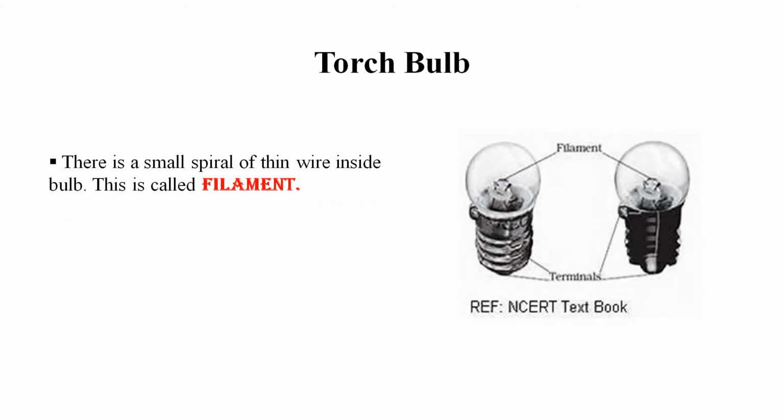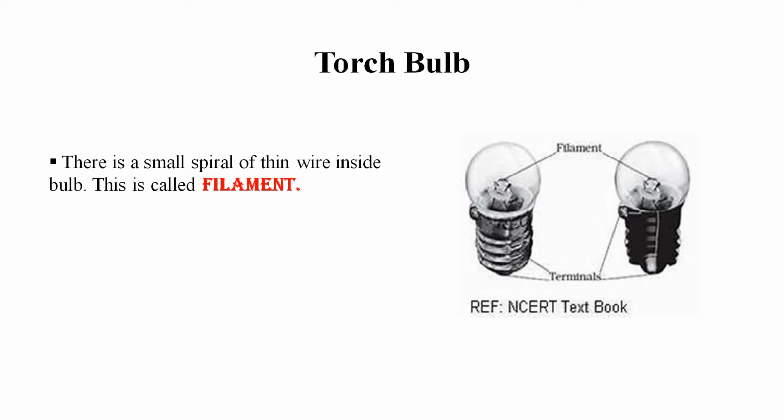Students, now let us study about torch bulb. Students, if we carefully observe a torch bulb, we will find that the torch bulb consists of a spherical glass attached to the metal casing having grooves in the lower part. There is a small spiral of thin wire inside the bulb.